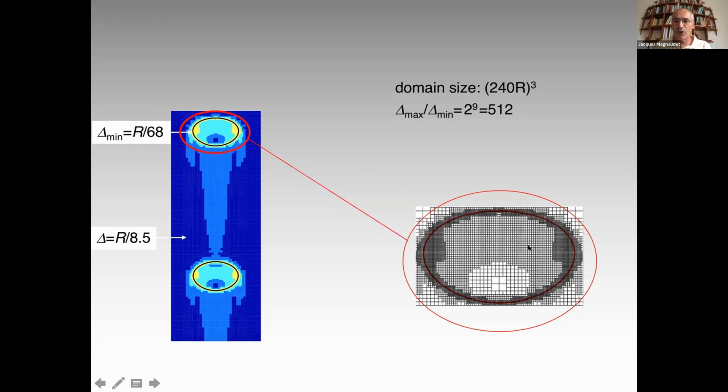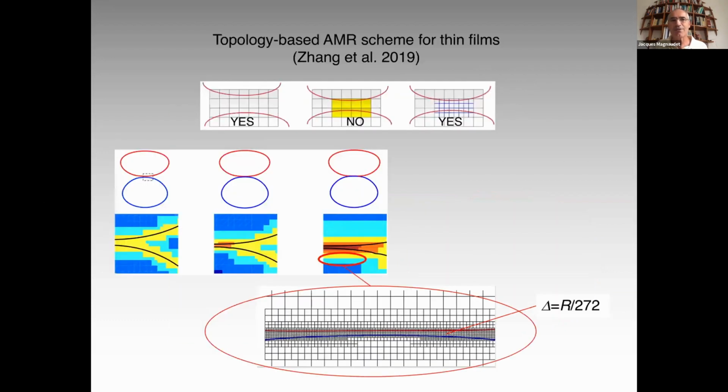You see that the grid is strongly refined along the interface and also within the wake of each bubble. But on top of that, we added another layer of topologic-based AMR scheme in order to deal with the very thin films that can form when the 2 bubbles get very close to each other. Basically, what we require is that when 2 interfaces get very close, there is always at least 1 cell which is entirely filled with liquid.